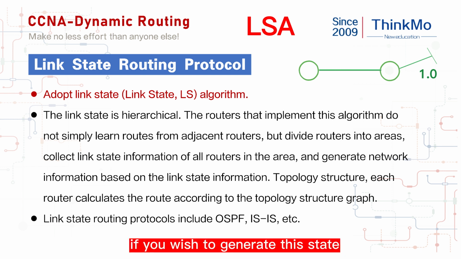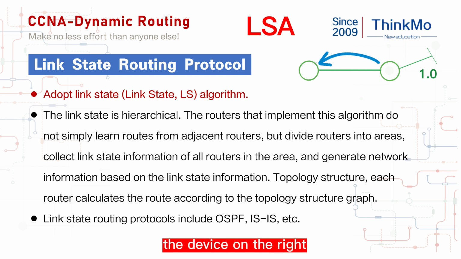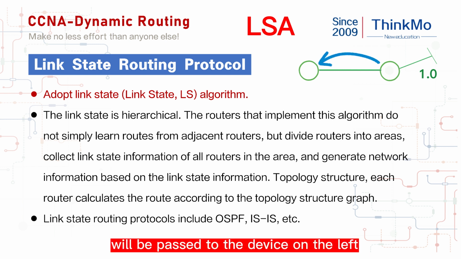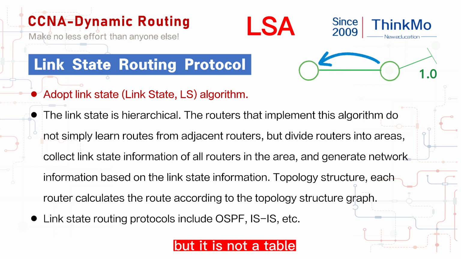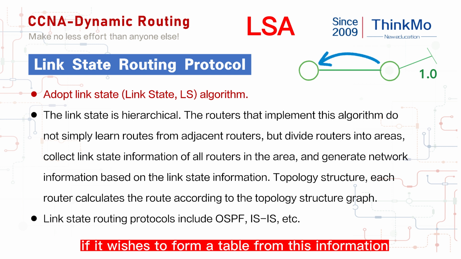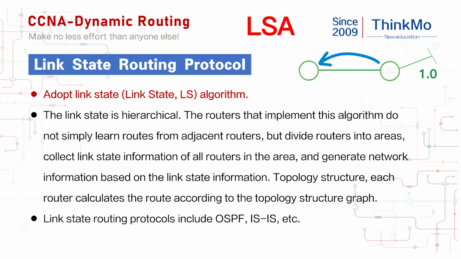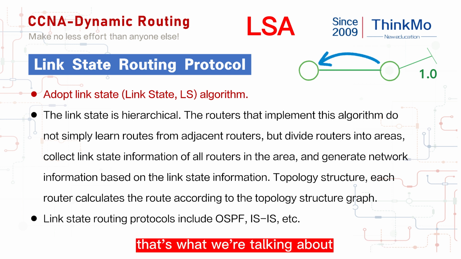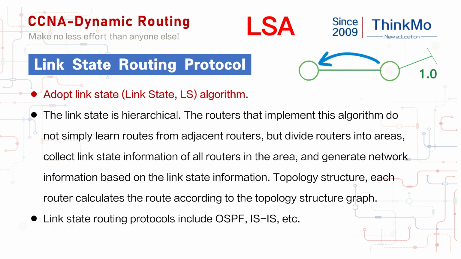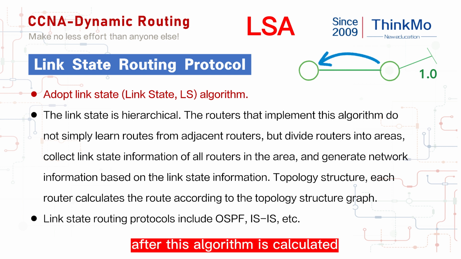The device on the right will pass it to the device on the left. But it is not a table. After it receives this information, if it wishes to form a table from this information, it needs to go through the calculation of the SPF algorithm in OSPF. That's what we're talking about: an algorithm of shortest path first. After this algorithm is calculated, it forms a table locally.